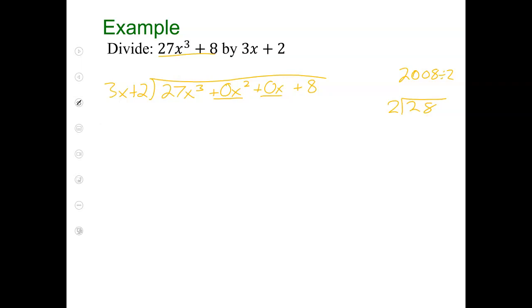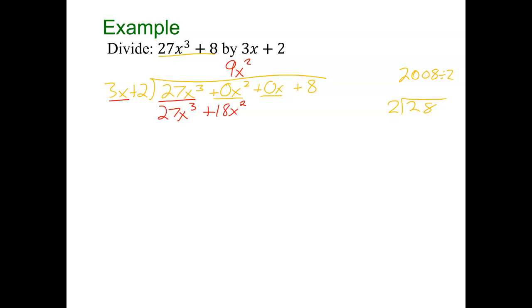We do division first, right? 27x to the third divided by 3x gives me what? 9x squared. So that's going to go above my 0x squared. 9x squared times 3x plus 2 gives me 27x to the third plus 18x squared. You see why we have to have that placeholder 0? I need something to subtract from.